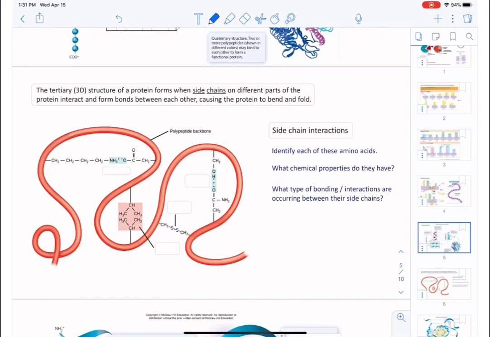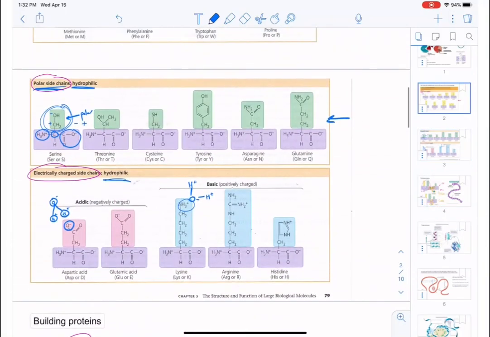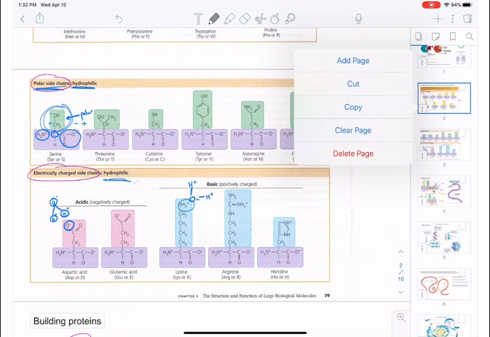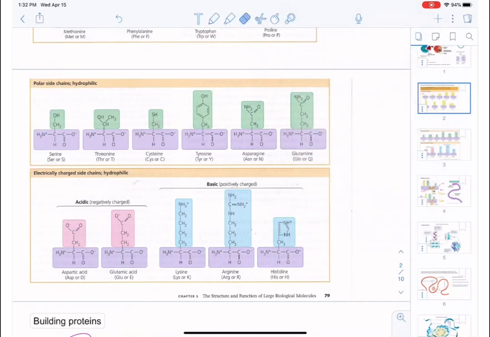Okay, let's find this amino acid first. What amino acid is that? It has CH2, CH2, CH2, CH2, NH3. And it also has a positive charge associated with it. And what do we have? That is lysine.